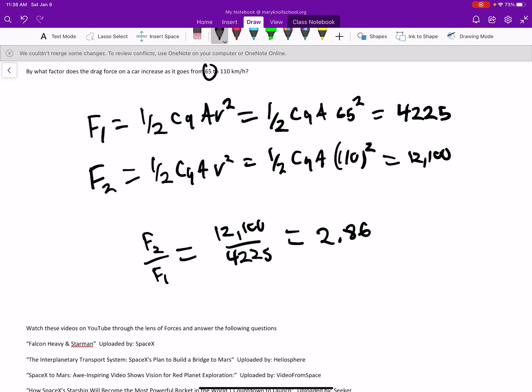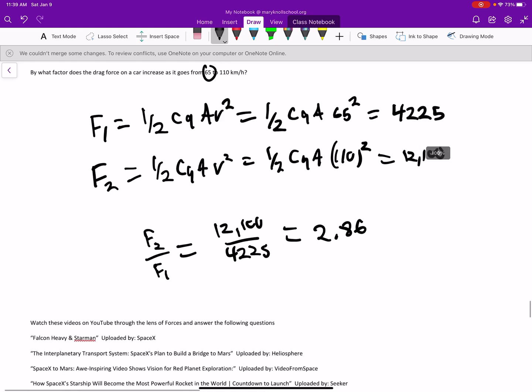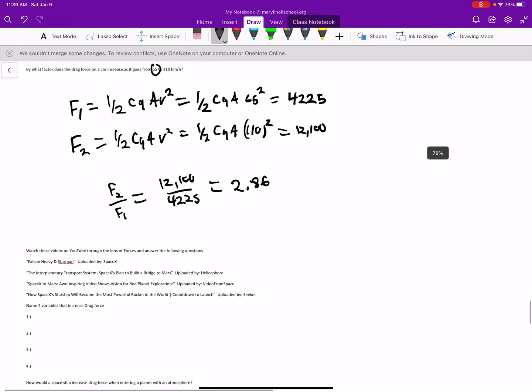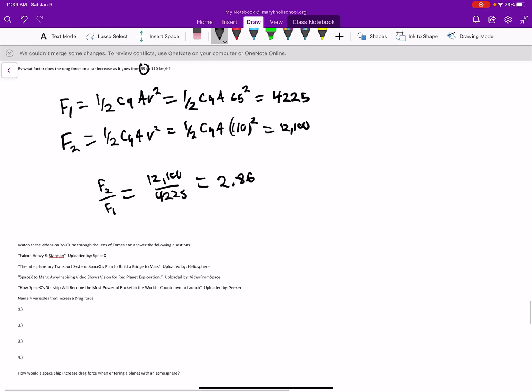Now you might be saying, hey, Mr. Campbell, I thought we were supposed to do meters per second. Yeah, we can do that too, but we'll end up with the same answer. So we can redo the problem, but use meters per second if we like. So first thing we've got to do is convert 65 kilometers per hour to meters per second.